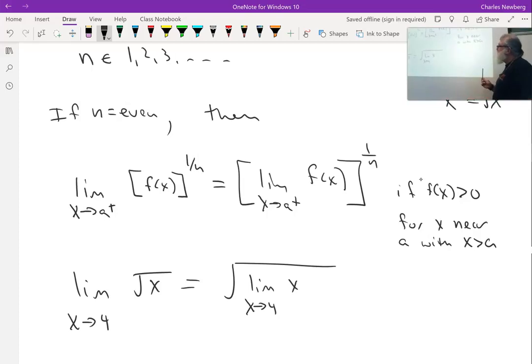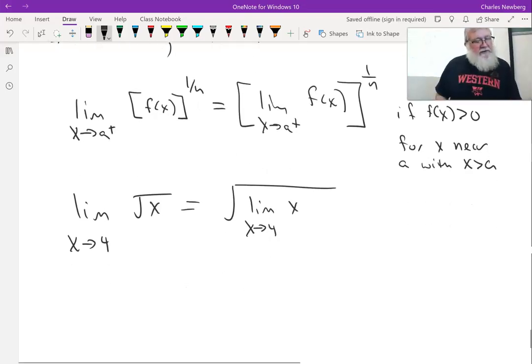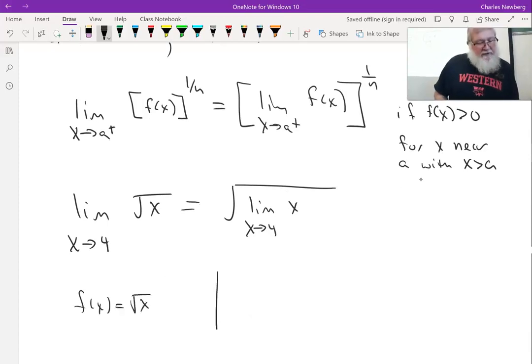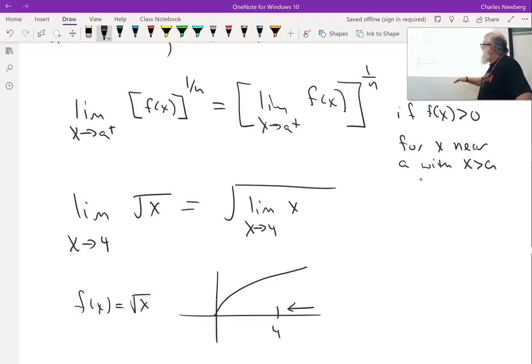Now, we're allowed to do this if f of x is positive around 4. If you think about this function, f of x equals the square root of x, what does that function look like? Right here, doesn't it? And we're allowed to do this as long as we're coming into 4. These y values are bigger than 0. Are they bigger than 0? They are. We can even come down here because we only have to be coming in close to it, not right at it.